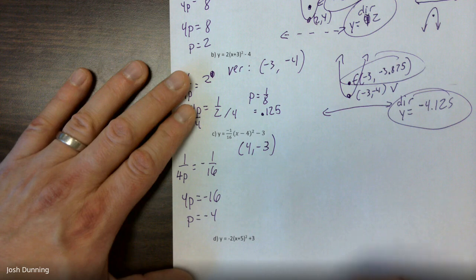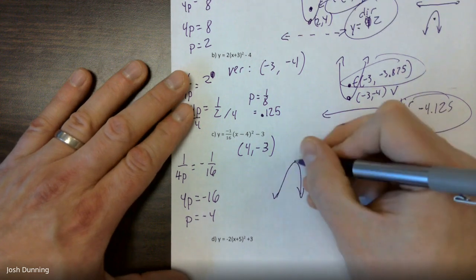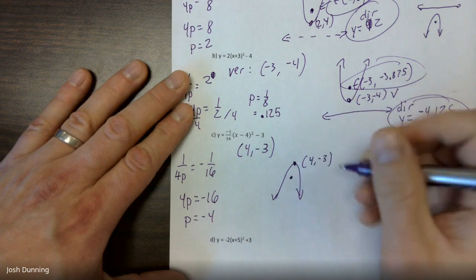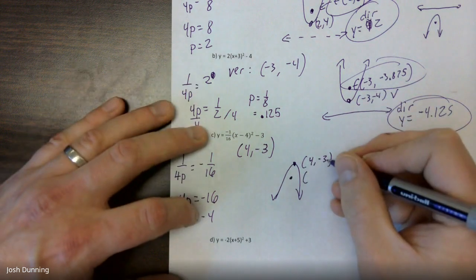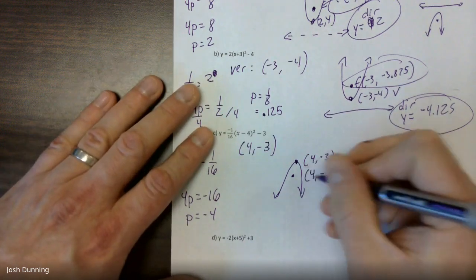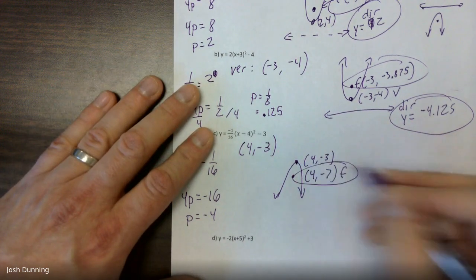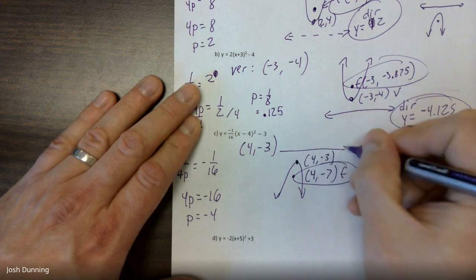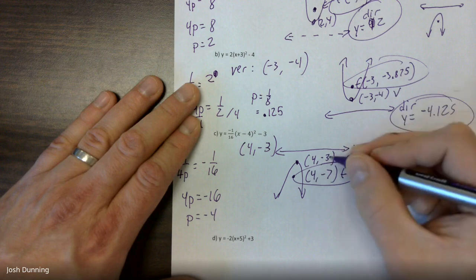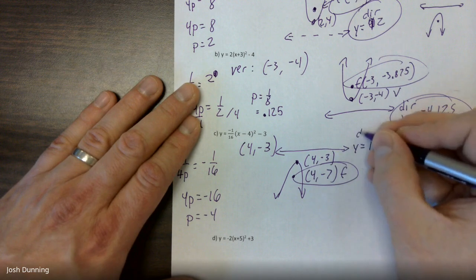That means we're upside down. So our focus is down 4 from -3. But again, we're not moving over. So there's your focus. Now going back the other way, it would be 4 up from -3 for your directrix. -3 plus 4 is 1.